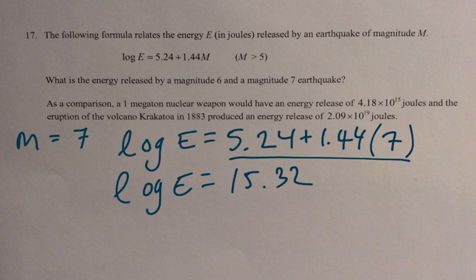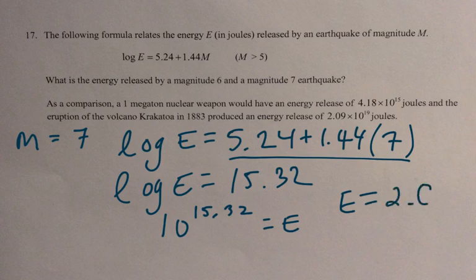So I'm going to rewrite this in exponential form. 10 to the 15.32 equals the energy. And by solving that, we get that E is equal to 2.09, rounded to the second decimal place, times 10 to the 15th power.